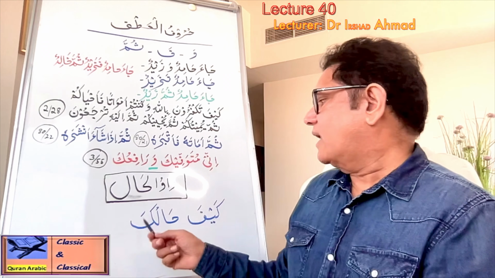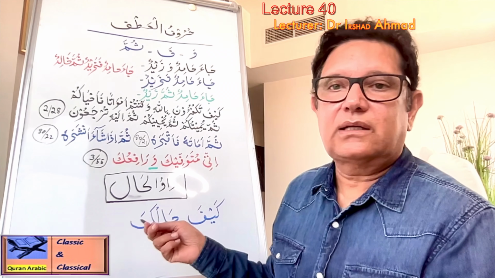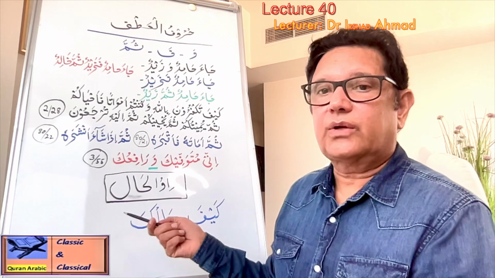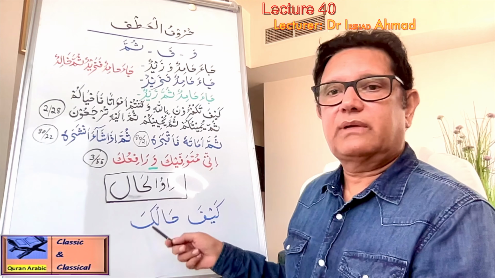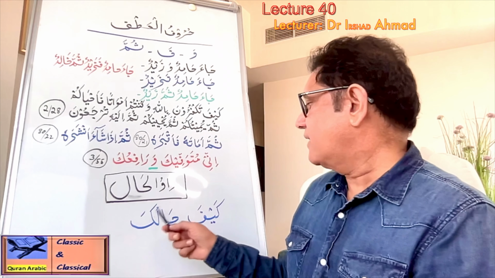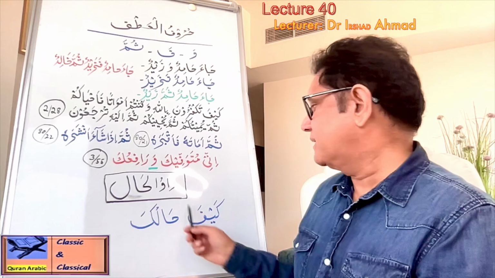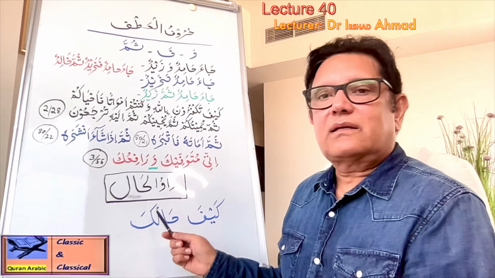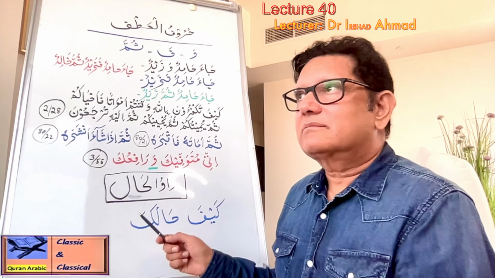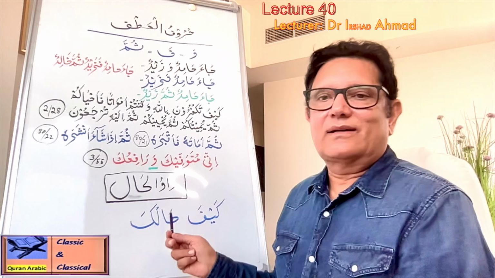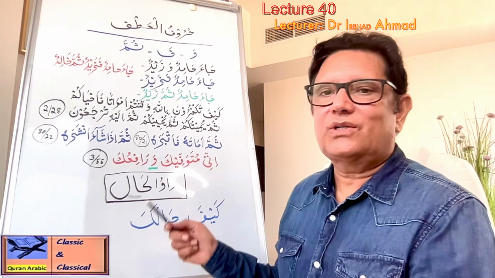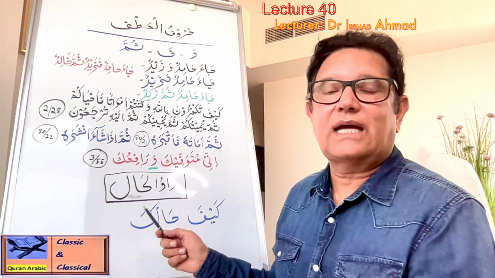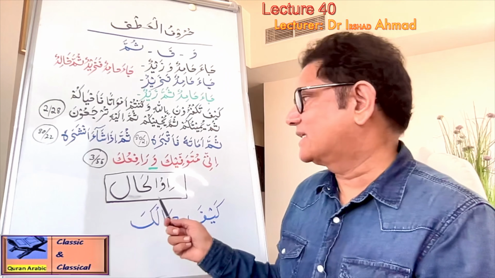For example, we ask in Arabic, commonly they say, Kaifa haluka? How are you? To men they will say haluka, to women they will say haluki. So Kaifa haluka, how are you? Which basically means what state of being you are in. Are you good? Are you okay? So that's hal, which then we can translate as being in a state.